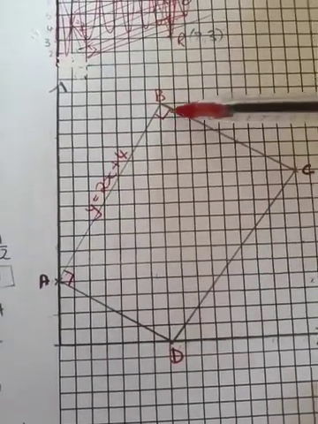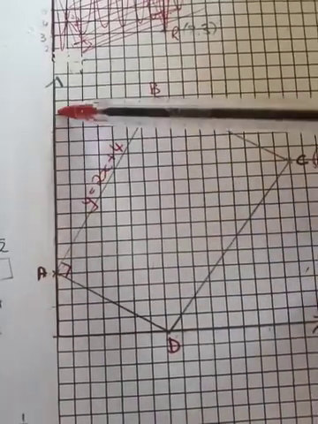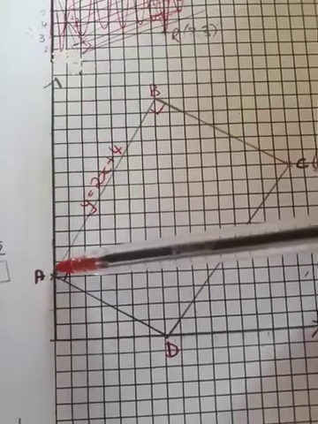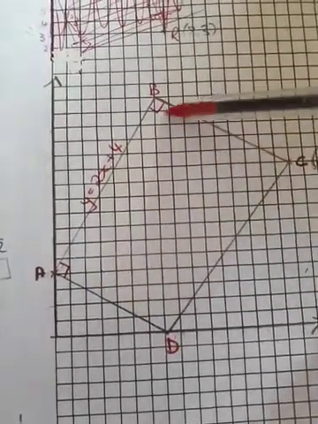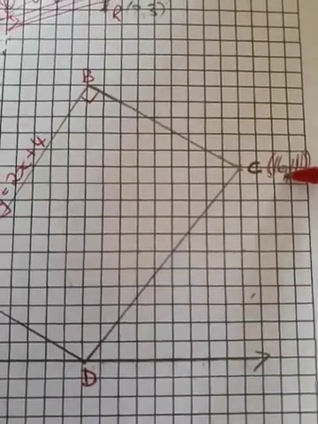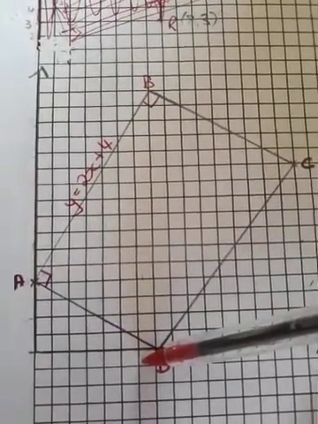I want you to realize here, people, that you do not have the values on the x and y axis, so you can't read off the different coordinates. You know that this one is (16, 11), but A, B, and D cannot be read off from that.